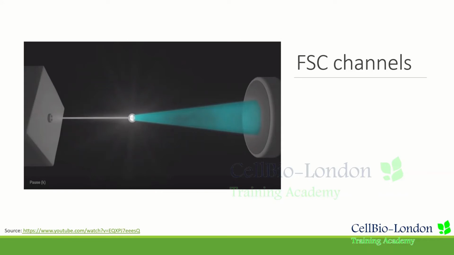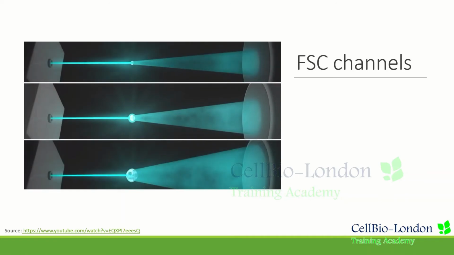So why do we need forward scatter measurements? Forward scatter measurements can give an estimation of the particle size, with larger particles refracting more light than the smaller ones. When the particles are smaller than the wavelength of the illumination source, let's say a 200 nanometer exosome passing through a 488 nanometer laser, it doesn't necessarily scatter light in a forward direction.